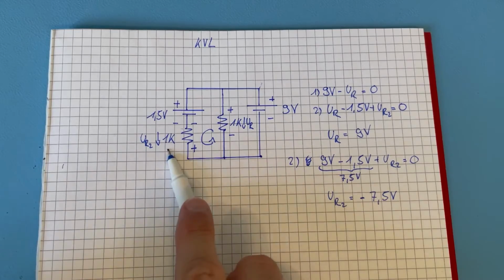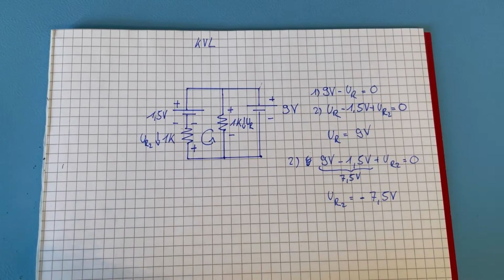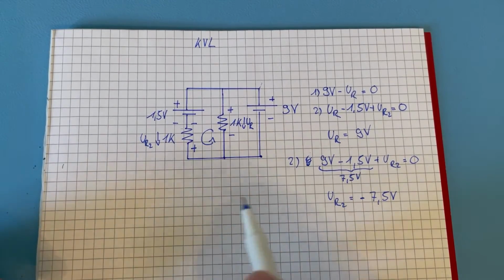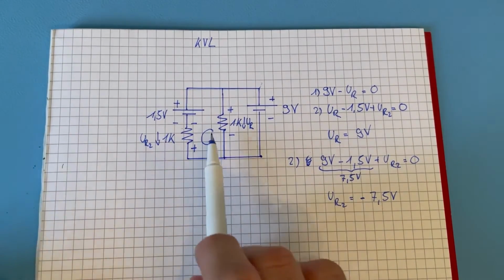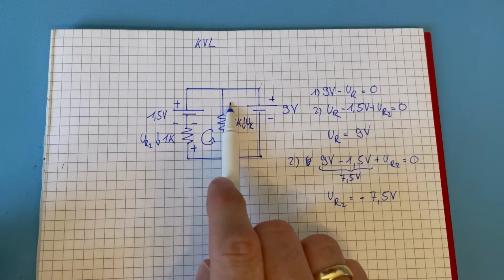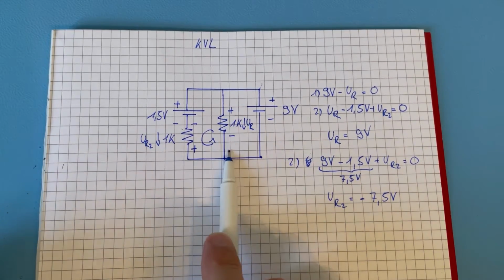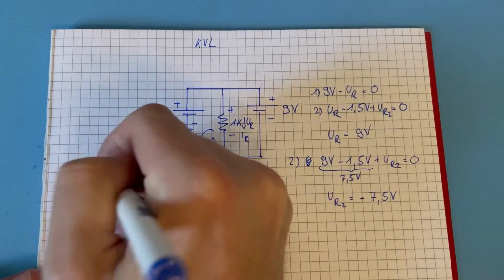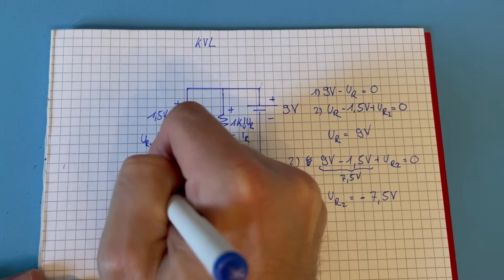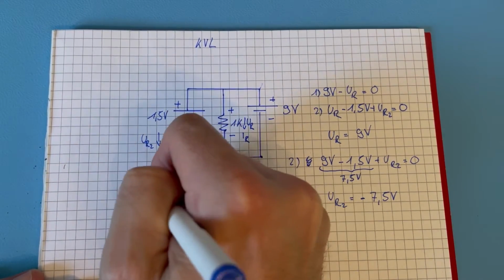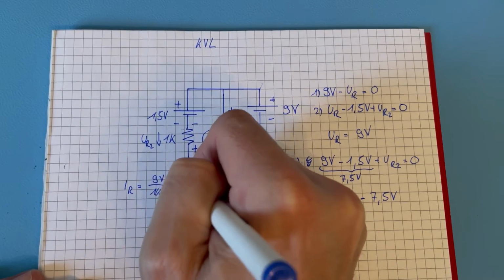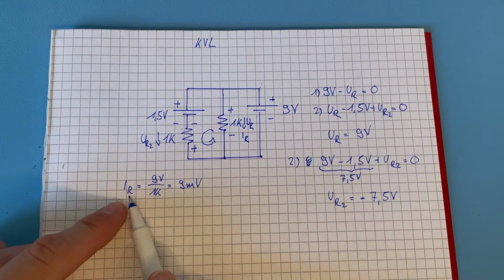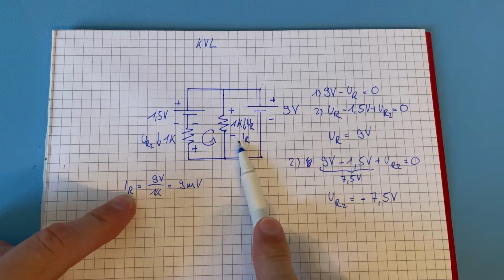The last video took us half an hour, and this one has been running for not even 5 minutes. But we can finish this even more nicely by looking at the currents. There's 9 volt over a 1K resistor. Let's call this current IR. IR equals 9 volt over 1K, that is 9 milliamps, in that direction.